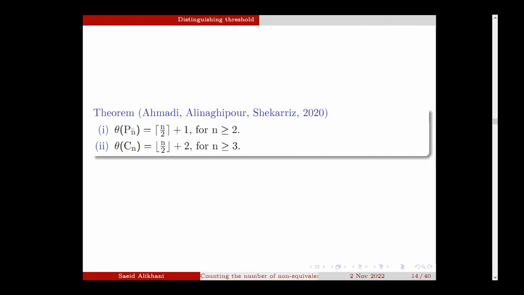And let me say something about why the first part is true. Note that the automorphism group of the path Pn induces ceiling of n over 2 orbits on its vertices. Each orbit contains at most two vertices. By the pigeonhole principle, any combination of ceiling of n over 2 plus 1 colors on the n vertices of Pn breaks at this one orbit.